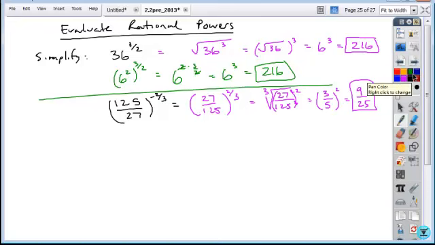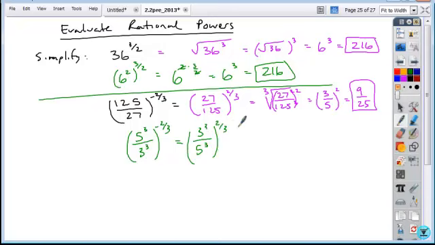And now you could also apply the rules of rational powers right away. You can express 125 as being 5 cubed, 27 as being 3 cubed, and recognize that form immediately. And if you do that, if you apply the negative power first, it flips. It becomes 3 cubed over 5 cubed, all to the positive 2/3.